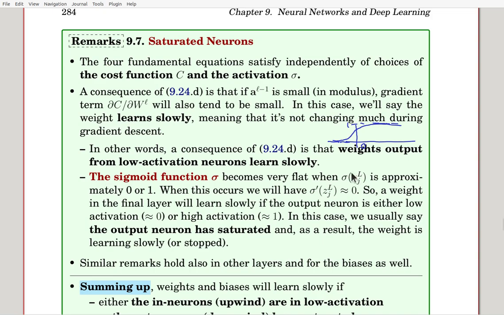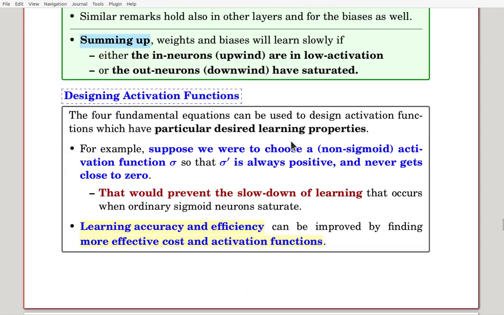So if you are trying to get a fast convergent network, you have to choose the activation function very carefully.